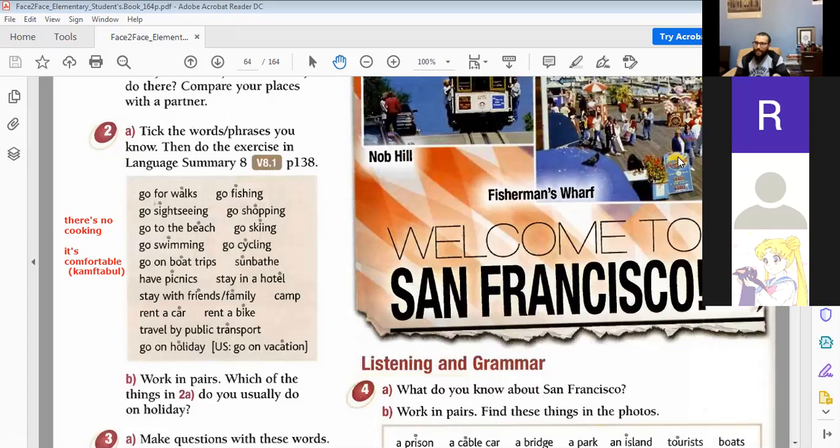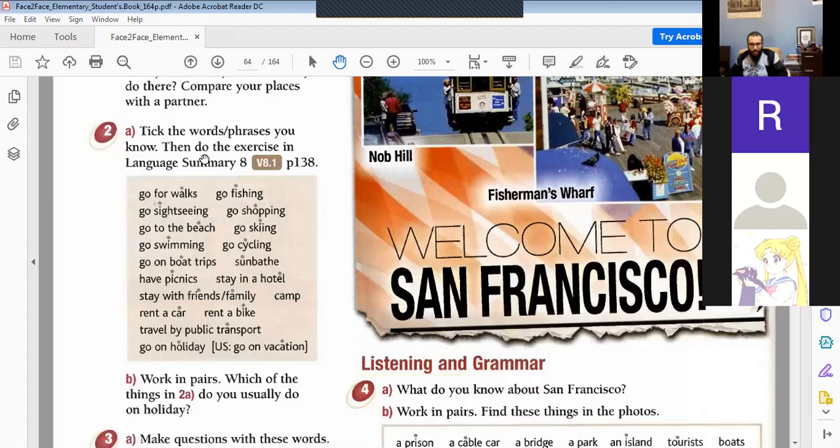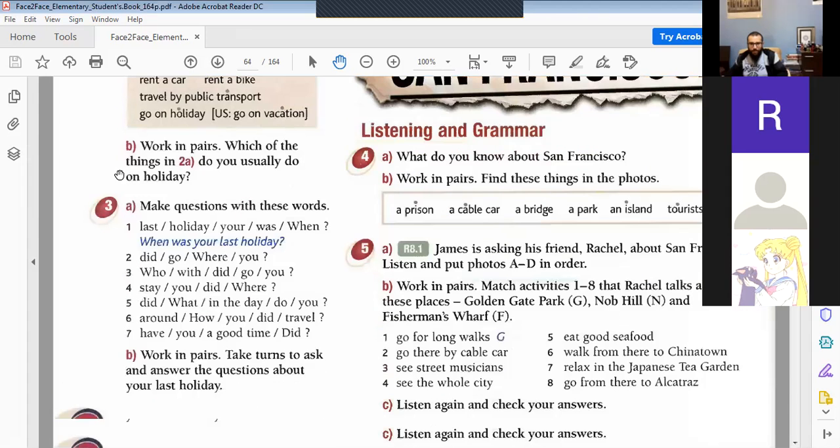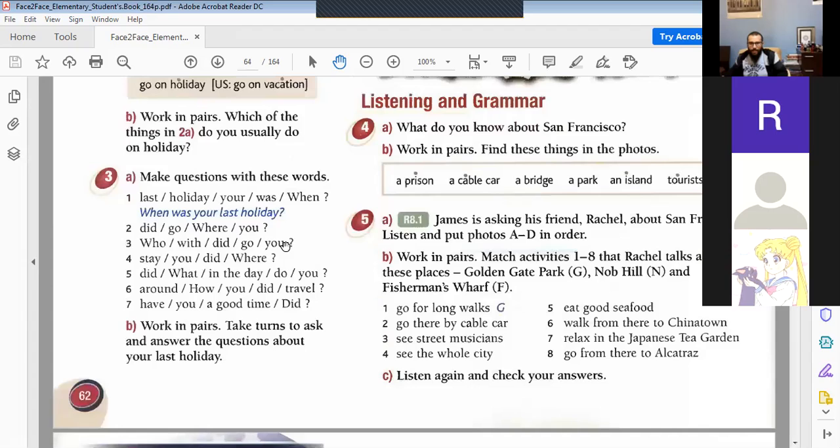All right, so these are examples of some of the activities and some of the things you can do, of course, when you are on holiday, or maybe when you visit another country or another city. So here, number 3, I want you to make questions using these words.